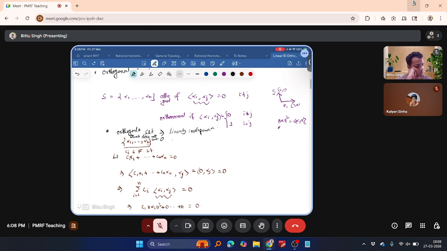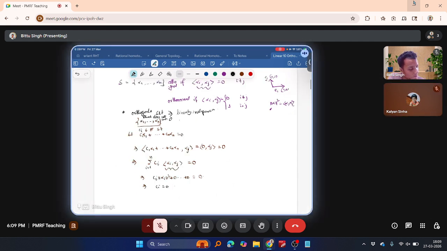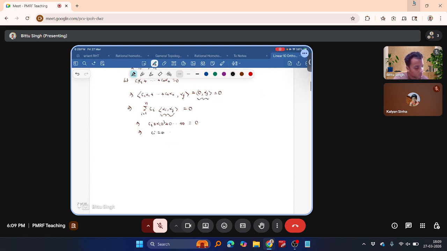Sorry about this. Because 0 is always orthogonal: the inner product of 0 with any vector is always 0.